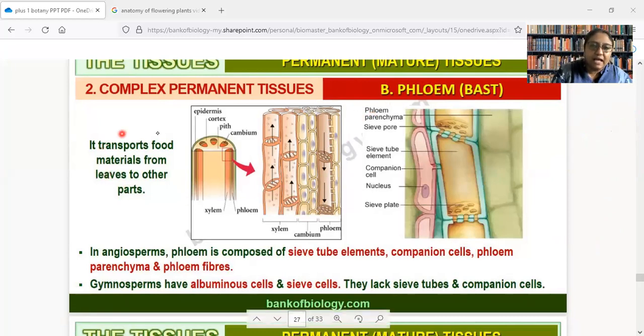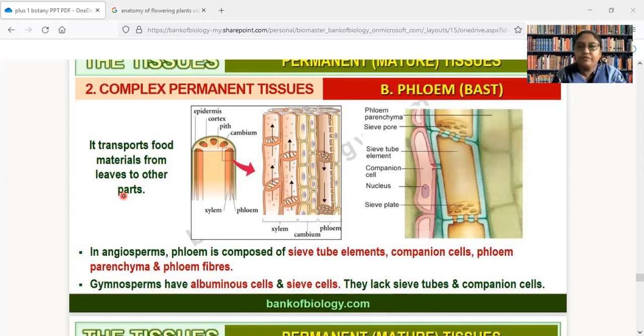Transport of food material to other parts is not always done by passive transport. When I'm talking about transportation of water, beta, it's generally passive transport. Wheresoever there is a difference of concentration of water, transportation will take place from high amount of water to low amount of water by osmosis, diffusion, and by other means.